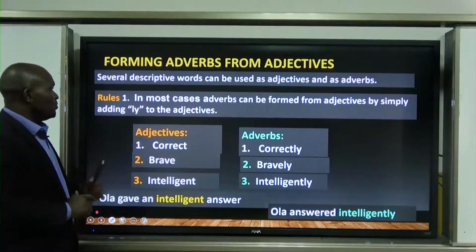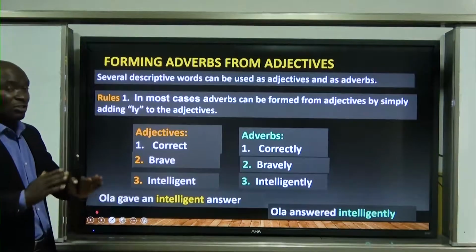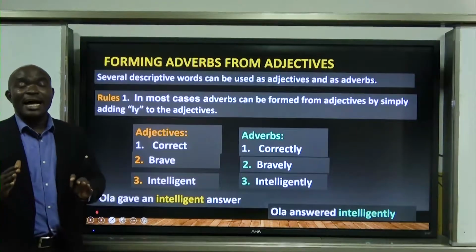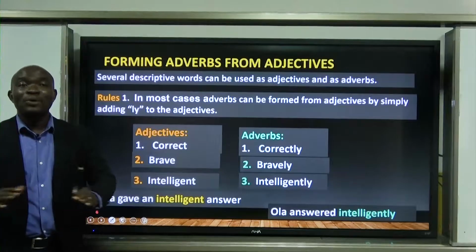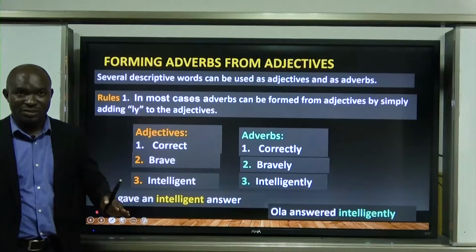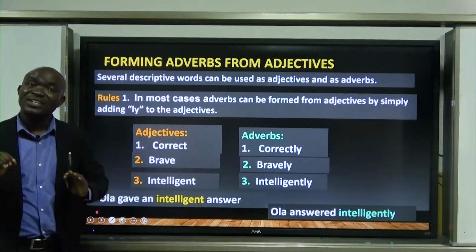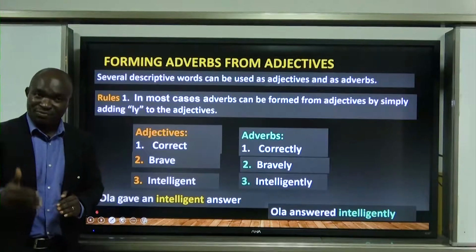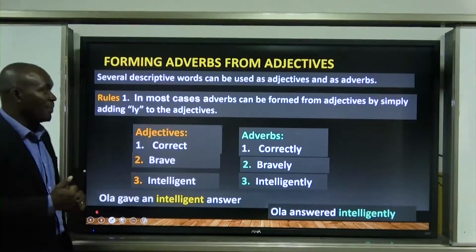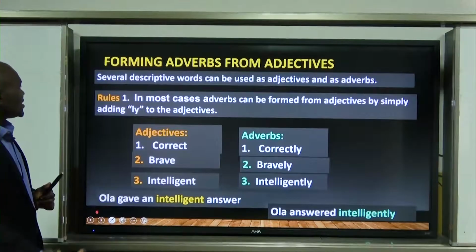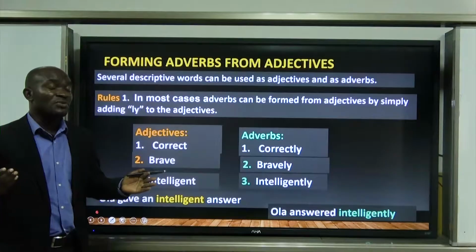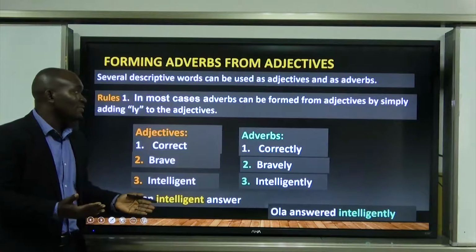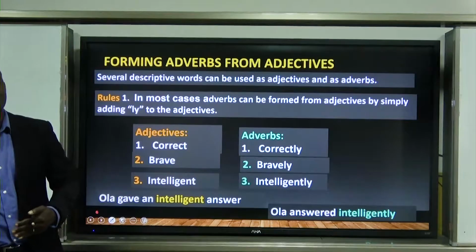We say rule number one. Just know that adjectives and adverbs, they are both descriptive words. We call them descriptive words because they help to give more information, they describe. Now, several descriptive words can be used as adjectives and they can also be used as what?